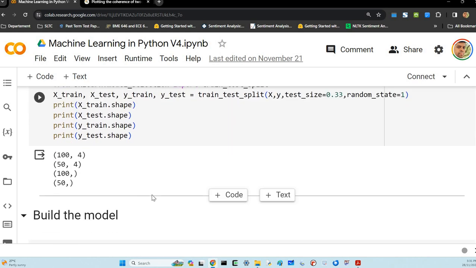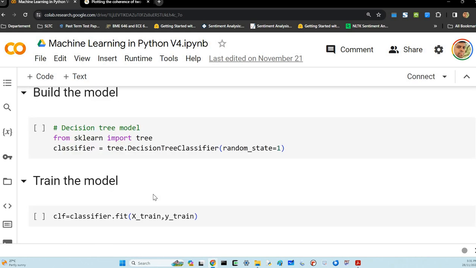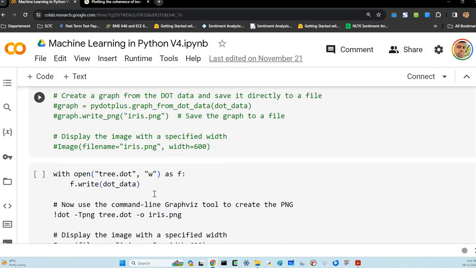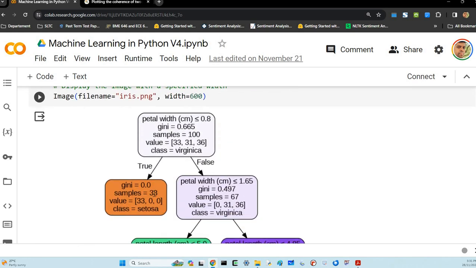So how we are going to build a machine learning model, and how to train it, and also how to display it. For example, the example that we are going to discuss is called a decision tree. And then based on a decision tree graphically visualized like this, we can understand how we can classify data automatically, right?